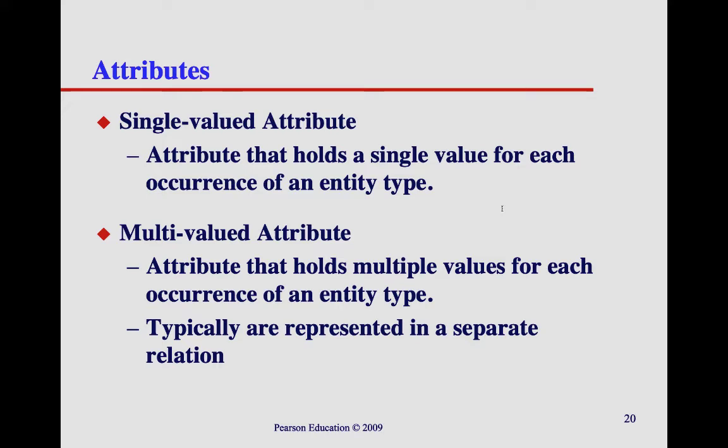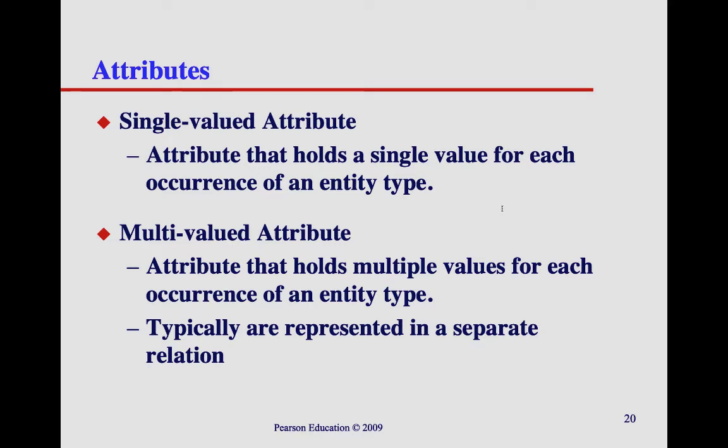Another one might be, say, phone numbers. So you might have staff number, phone number, like that. So phone would be a multi-valued attribute. So what I'm getting at is relations are not always an entity.